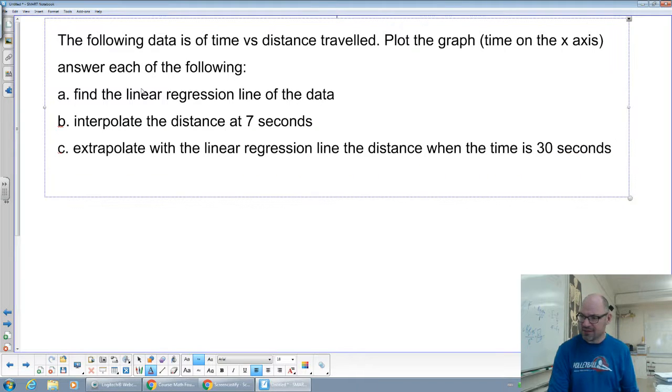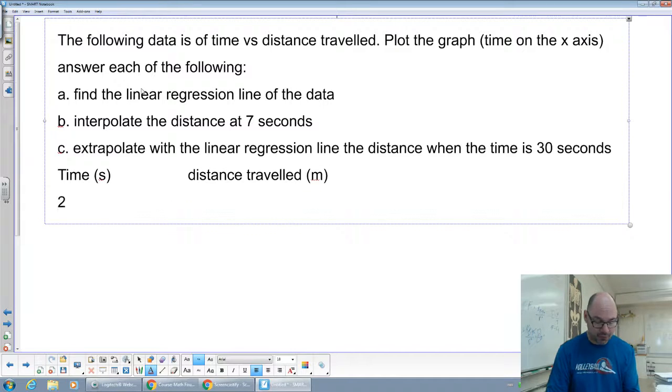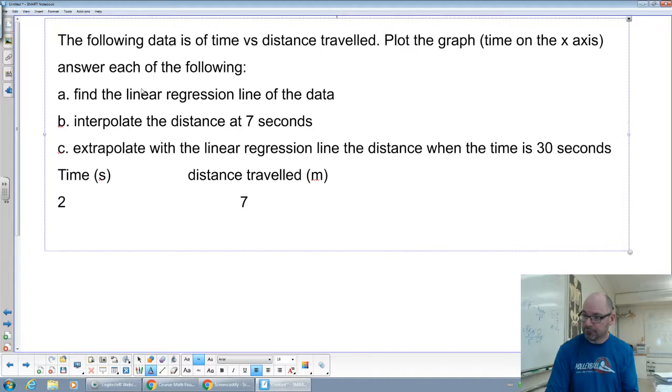Okay, so here's our data. We've got time in seconds here, and distance traveled by the object, in meters, we'll say, over here. So the first one we got, okay, 2, 7. Next one we got is 4 and 10.